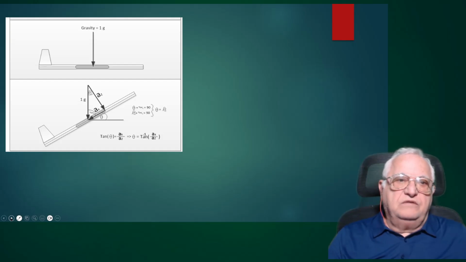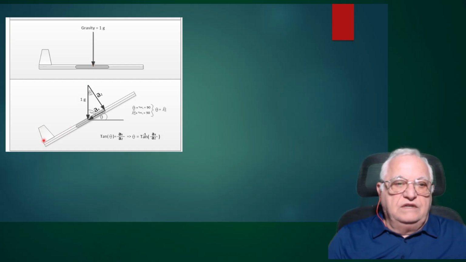So let's look at some of the background information you need to develop the program, the theory. So here we have a vector of gravity. When everything's still, we have the gravity pointing down. Now here we tilted this surface. And what we're interested in is this angle.